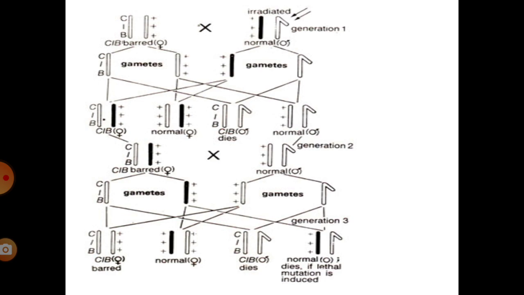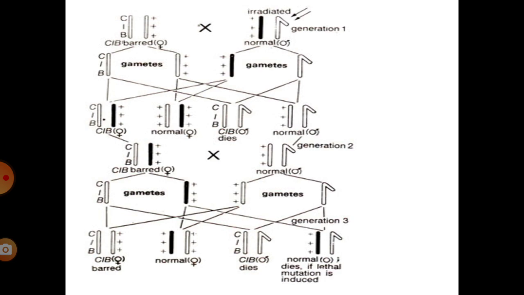We now have a special female, the CIB female, and a male Drosophila which has been previously exposed to X-rays, and our aim is to know whether exposure to X-rays has brought about any mutations. This is to understand X-rays as mutagens.